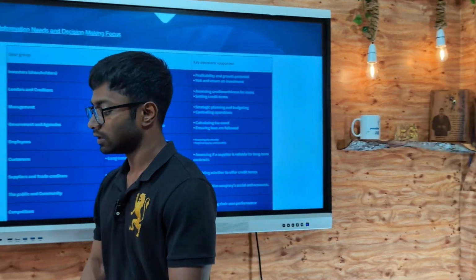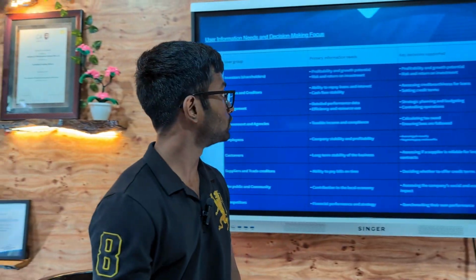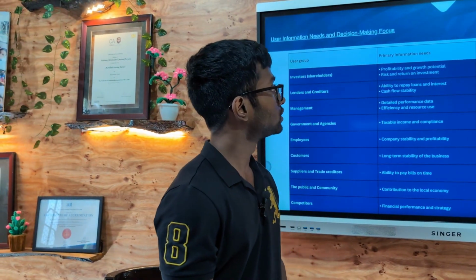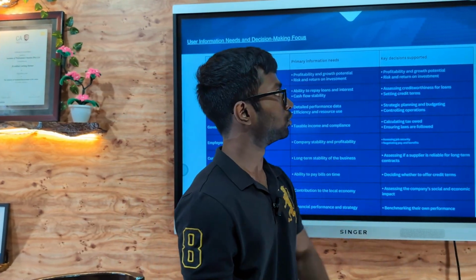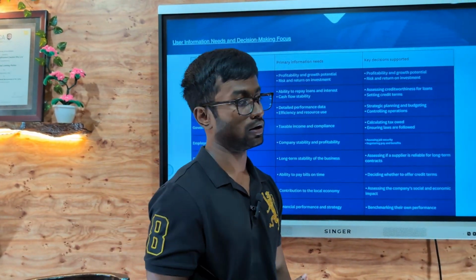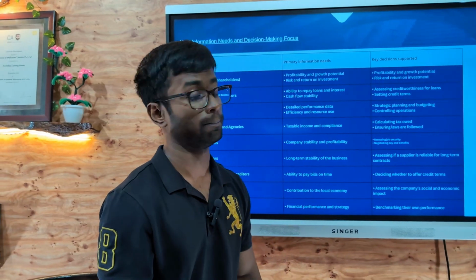When it comes to these people, what are their primary information needs? What do they need from the organization in order to make decisions? And the key decisions supported.